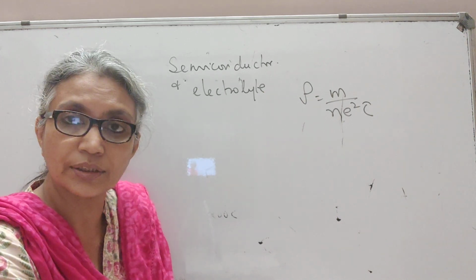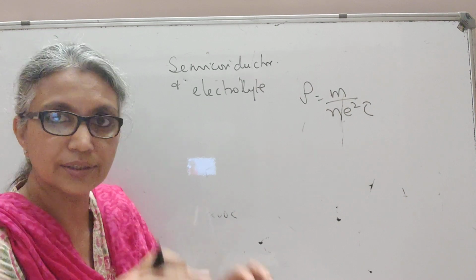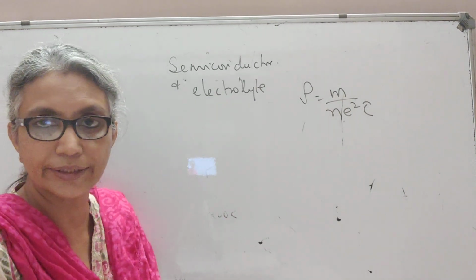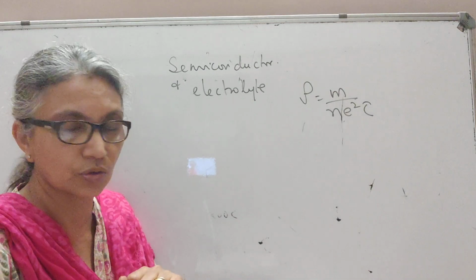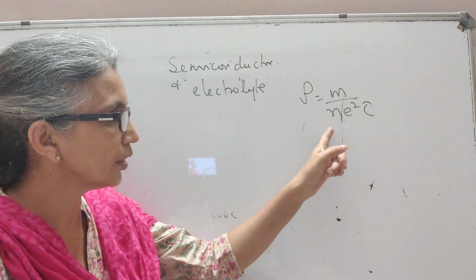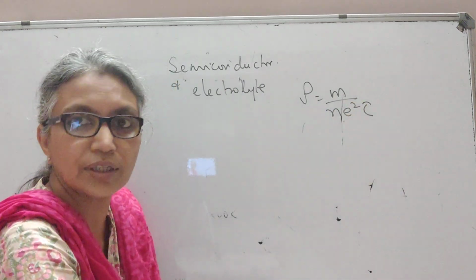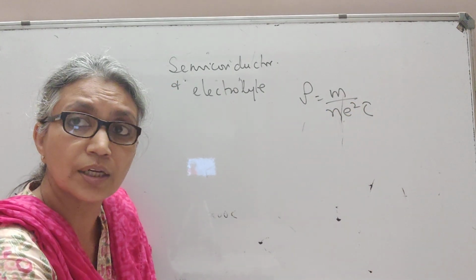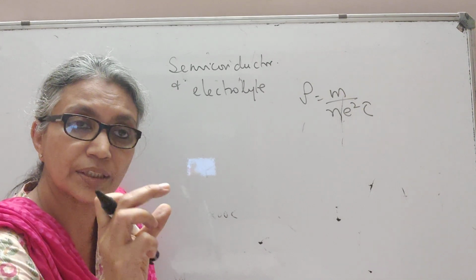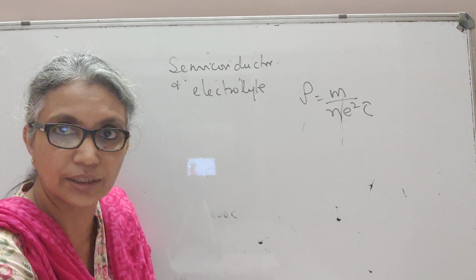But in an electrolyte, it is not the free electrons that are conducting the electricity. It is these ions, the positive ions and the negative ions, which move towards the electrodes. So there, relaxation time is not important simply because relaxation time is the time interval between successive collisions between electrons and the ions in a conductor.